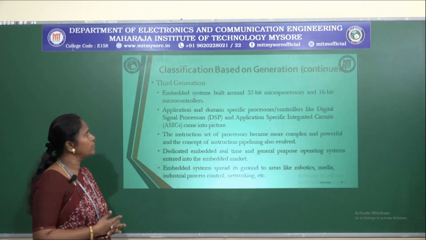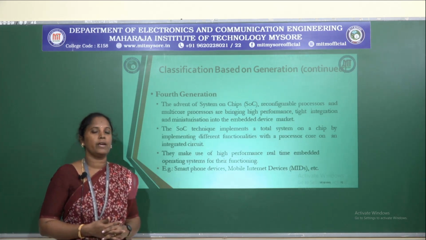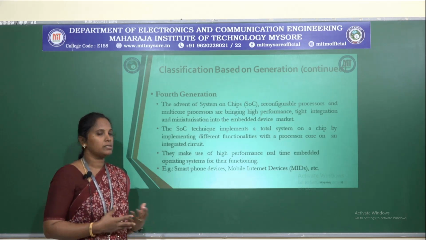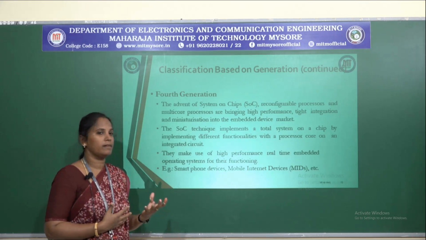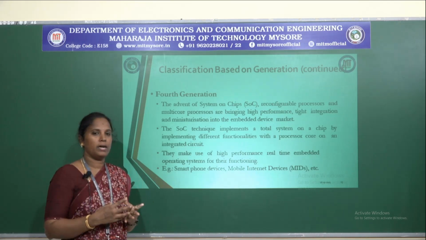Then coming to the fourth generation, as you can see, we have the system on chip which came into existence. System on chip means you need not interface numerous devices to your IC.